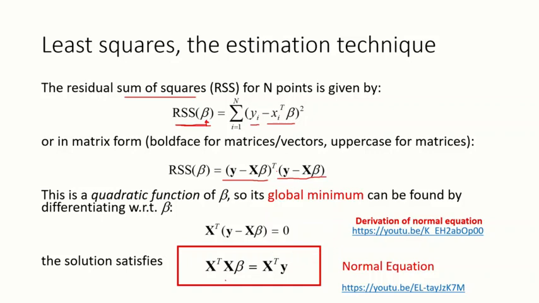There is some derivation of the normal equation, and at the end you establish this relationship: if you have the best combination of beta values, you will give the corresponding y expression.